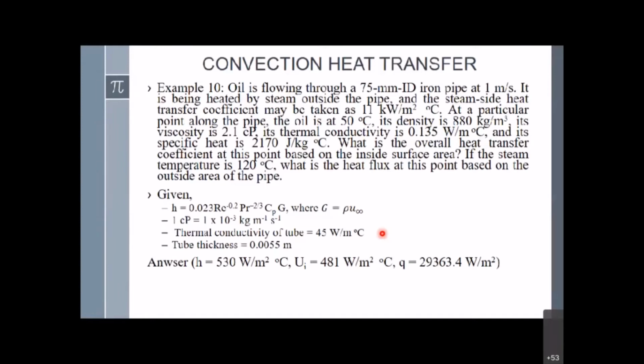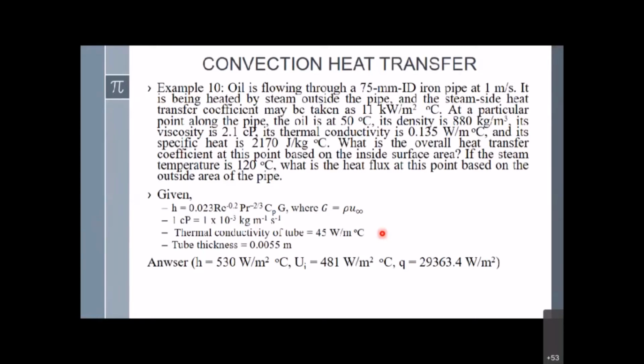Given the equation for h, 1 cP is equal to 1 times 10 to the power of -3 kg per meter second, the thermal conductivity of the tube is 45 watt per meter degree Celsius, and the tube thickness is 0.0055 meter.